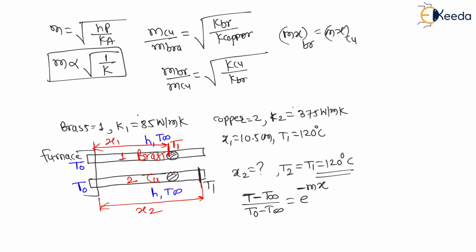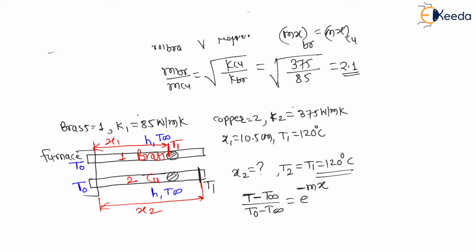So let us put the values. The thermal conductivity of copper is given as 375, and the thermal conductivity of brass is given as 85. If I calculate this, the answer will be 2.1. So here we got the ratio.